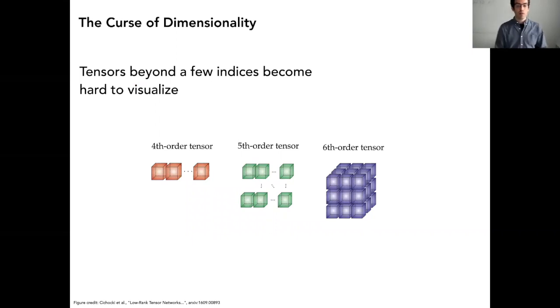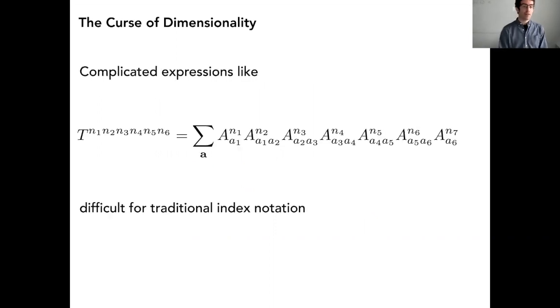Another milder problem in thinking about higher order tensors is that they're hard to notate and visualize. If you think about them as these multidimensional arrays and you try to draw them, it's very unwieldy to try to orient yourself about where the entries are. And if you try to draw expressions about combinations of tensors, like contracting different tensors together, here's an example of an expression you'll actually encounter in some literature.